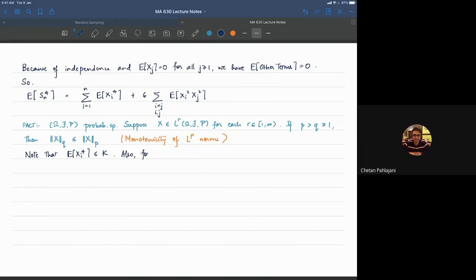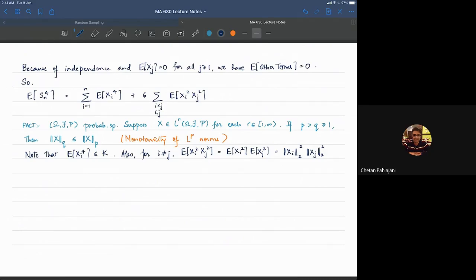So for i not equal to j, when I look at E of xi squared xj squared, by independence this is E of xi squared times E of xj squared. But what is this? This is simply the L2 norm of xi squared times the L2 norm of xj squared.